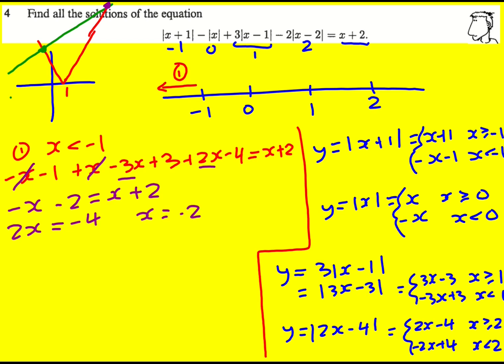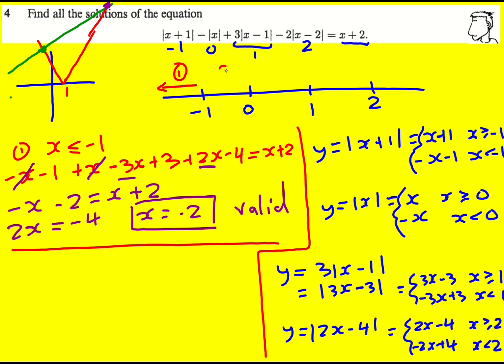This is in the range that we're interested in, so this is a valid solution. I could even extend it to less than or equal to -1, but it doesn't actually matter really, because at that point, whichever one is being affected would just be 0. So I think I will.